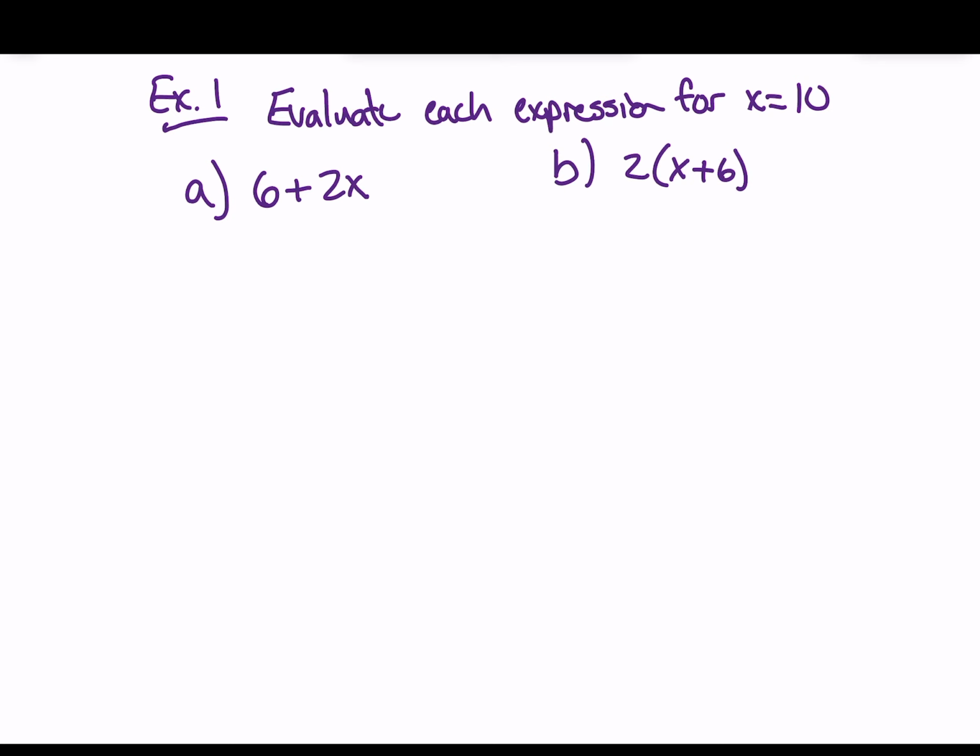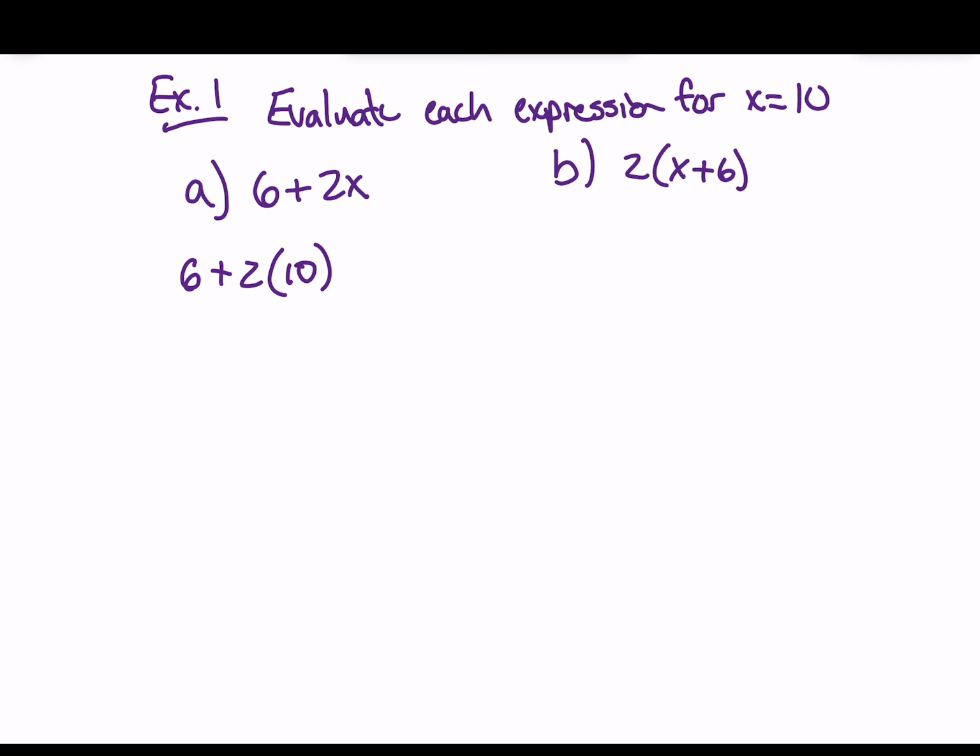Okay, in this example, we want to evaluate each expression for x equals 10. So the first thing we'll do is part A, which is 6 plus 2x. And what we want to do is substitute the number for the variable. So we'll plug in 10 everywhere we see x.